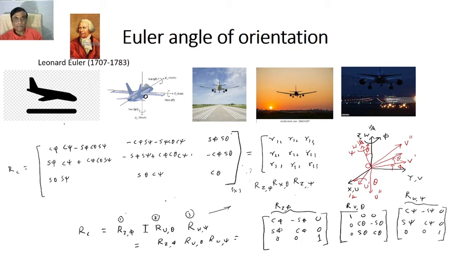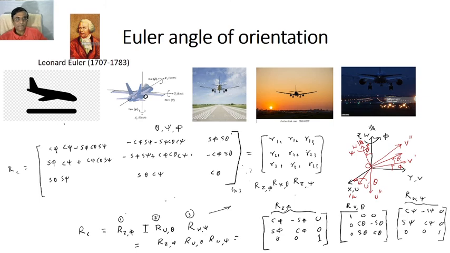Now say this is the required orientation of a robot gripper. Okay, so to achieve this, I need to calculate theta, phi, and psi, right? So I can use this.